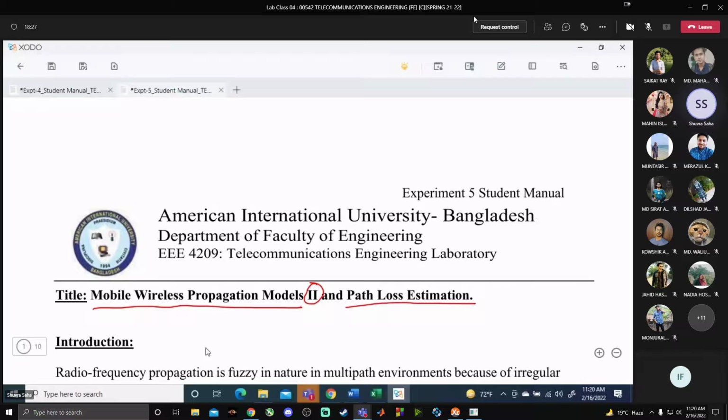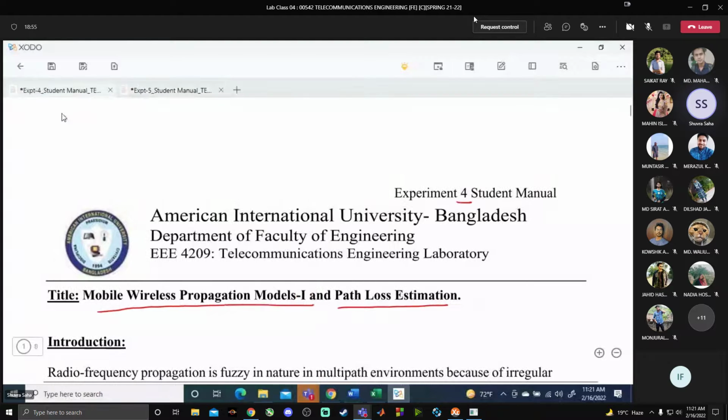That's why we will be doing both of them in this class only. And it is easy because the code in experiment 5 also includes the models of experiment number 4. So it is enough to execute the code of experiment number 5 itself after we complete the background theory. So let's start with the discussion first.